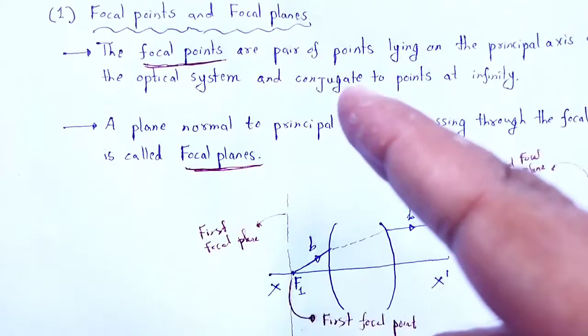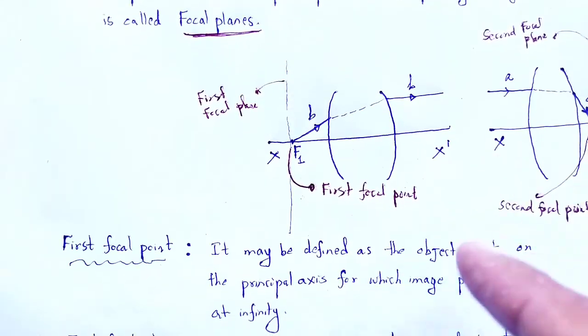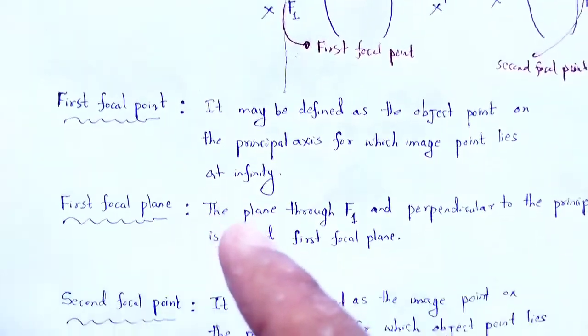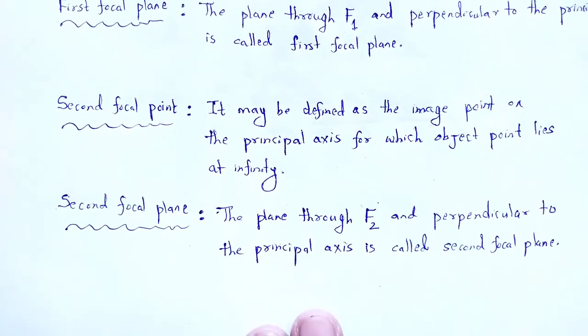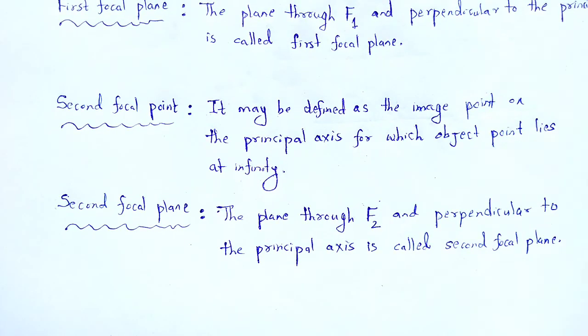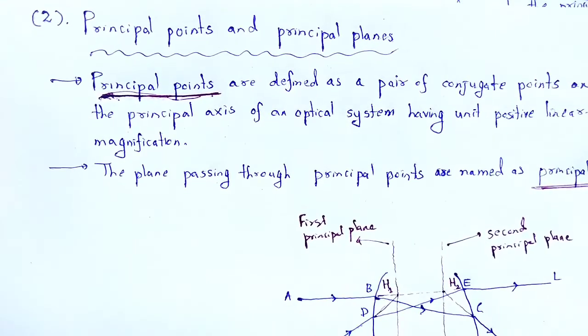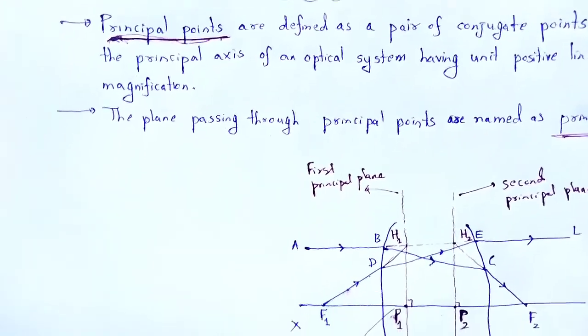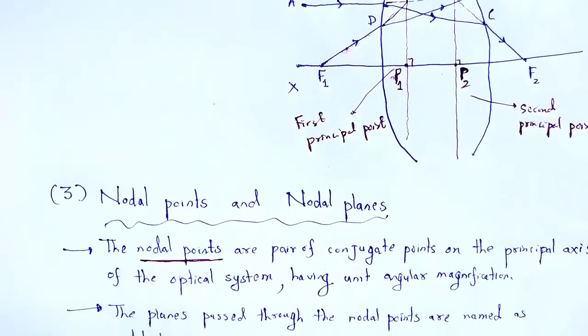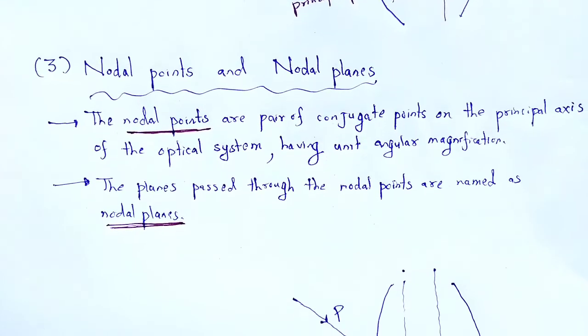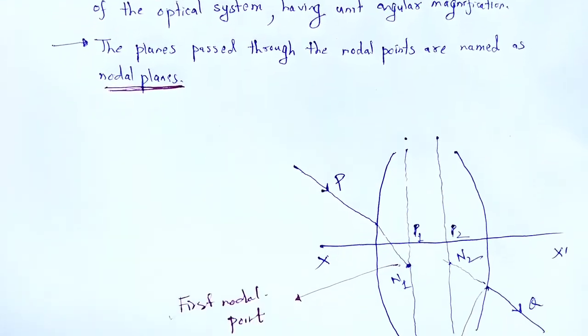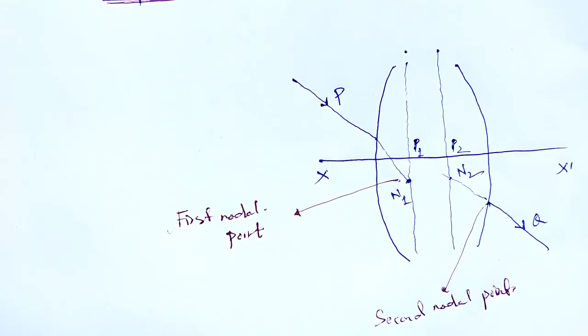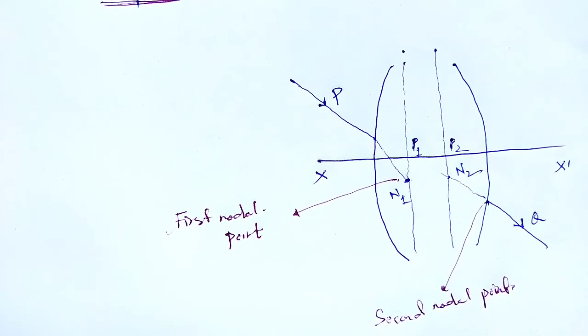So, focal points and focal planes, principal points and principal planes, and next, nodal points and nodal planes. With this useful and informative note, let me wind up this session. Thank you.